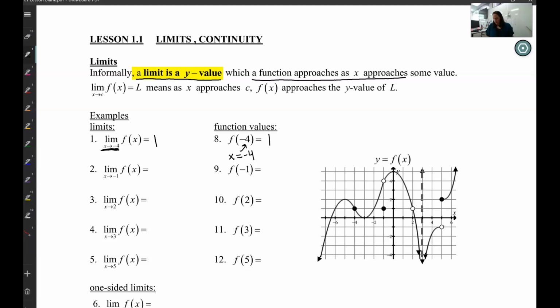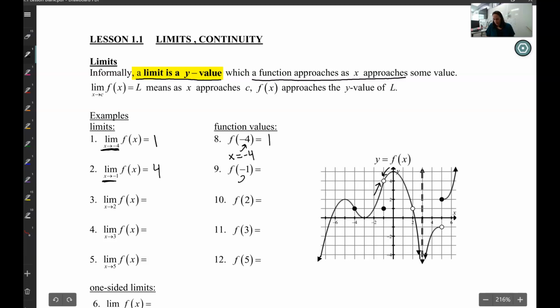In this next one, let's look at this. As x approaches -1. So here's where x is -1. We're looking where the graph is approaching x equals -1. As it's approaching x equals -1, our y value is approaching 4.